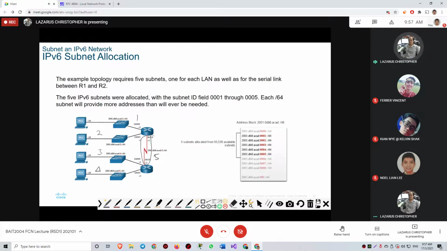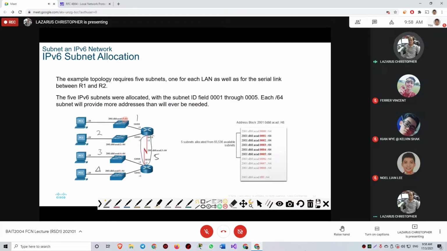We can see that the 48-bit global routing prefix is the same for all, differentiated only by the subnet ID. Here is a compressed format. Remember, leading zeros will be removed. And also, because it's a network, the host part is all 0. Recall all 0 is network, right?